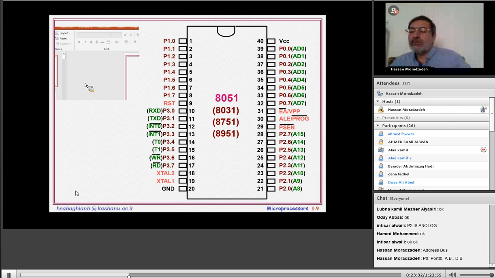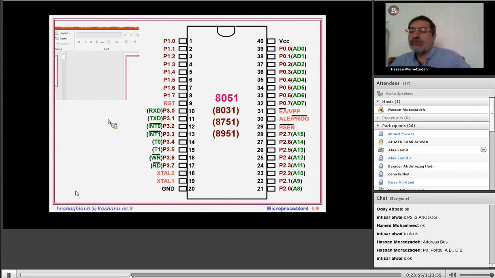P0 may be port 0 or address bus, the lower byte of the address bus, or data bus, okay?